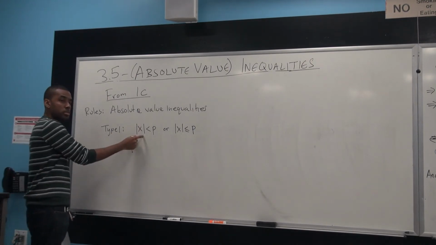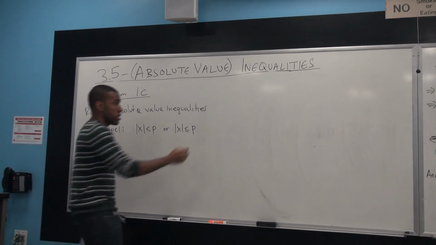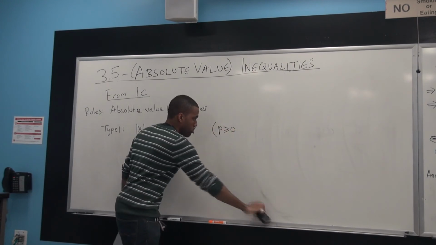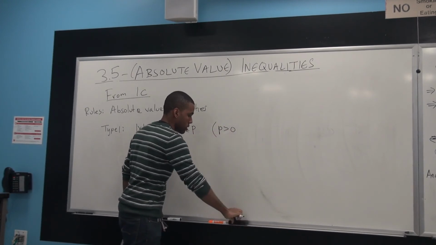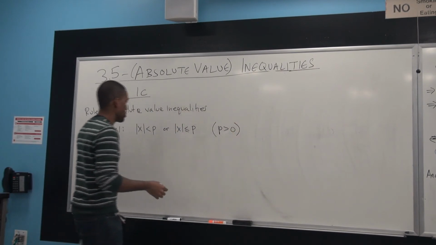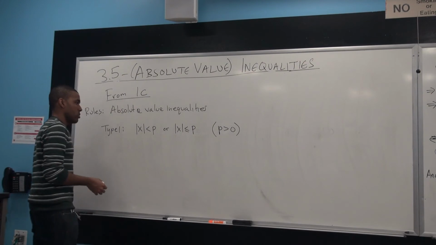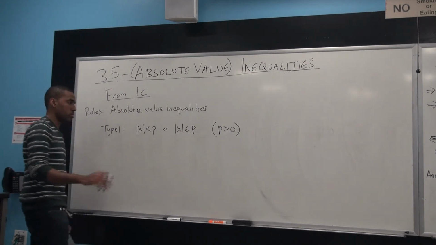So basically you have something in absolute values less than something else, and of course here your p has to be strictly positive, because otherwise it wouldn't work. Well, it can also be 0 here.